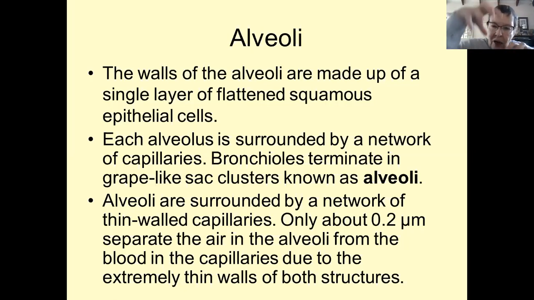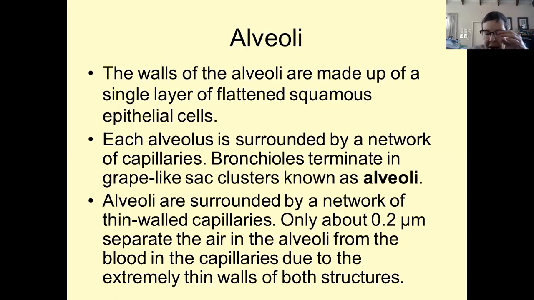Now that network of nylon around the avocados is exactly what that network of capillaries looks like. All right. The bronchioles, remember, terminate in this grape-like cluster of sacs known as the alveoli. There are these little capillary networks that surround them.